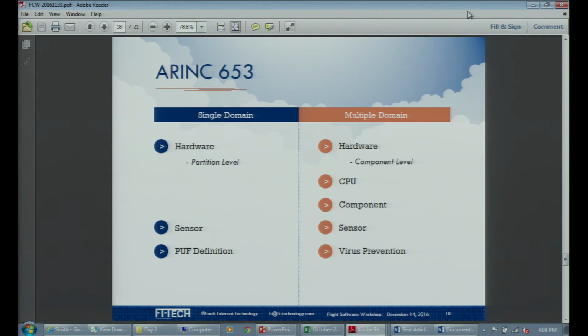But also, in a single domain system, if you have a virus problem with your hardware, the only way that I know how to do it is to go back to what they call a PUF definition. A PUF is a physically unclonable function, which means it's like your iris or your fingerprint is physically unclonable. Each electronic component in your system has certain physical characteristics that you can identify with it.